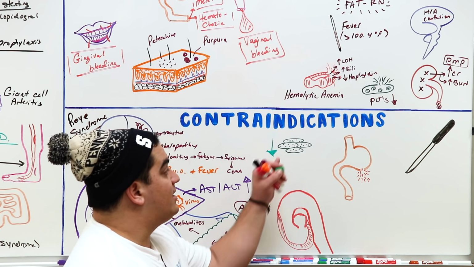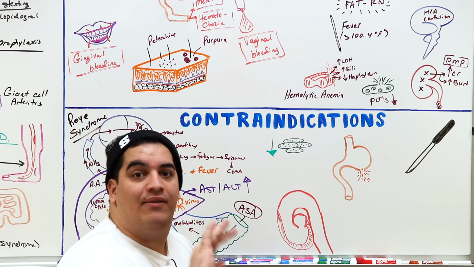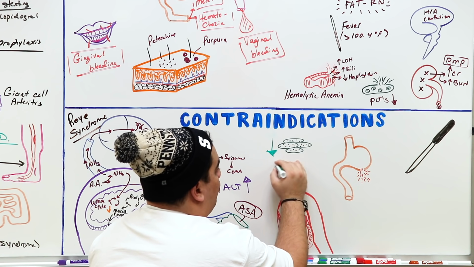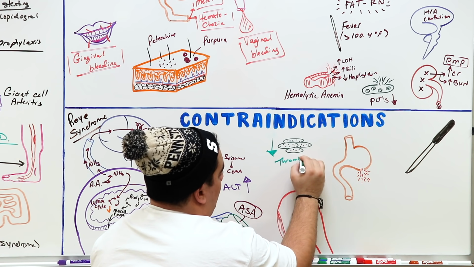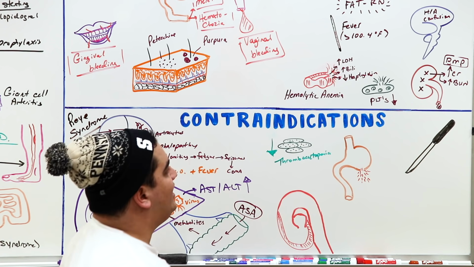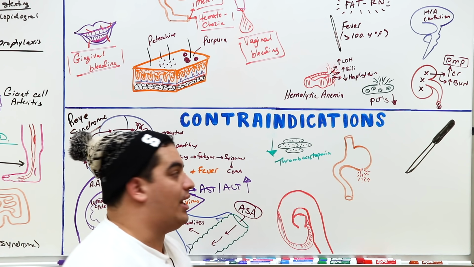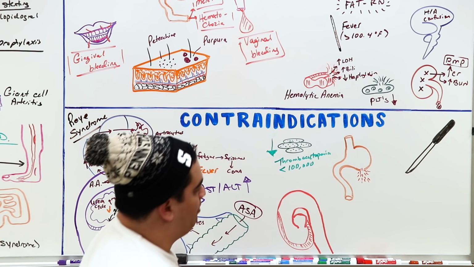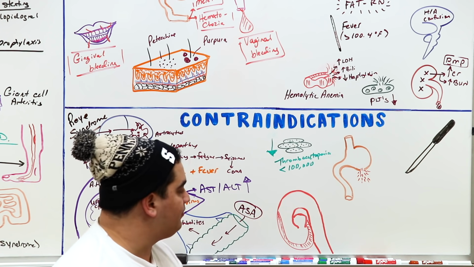So if someone has less than 100,000 platelets, you do not give them GP IIb/IIIa inhibitors, because it can cause thrombocytopenia. So you don't want to give someone these drugs if they are extremely thrombocytopenic, especially less than 100,000 platelets per millimeter cubed of blood, sorry.